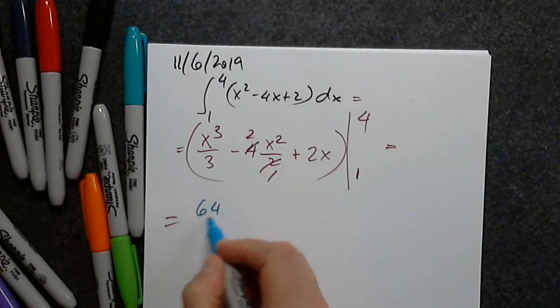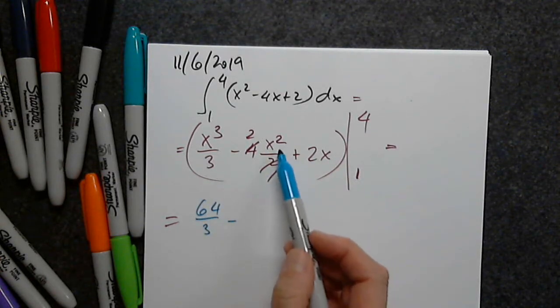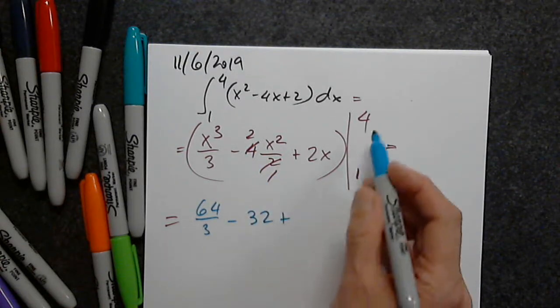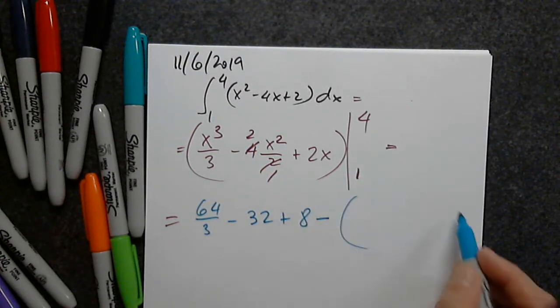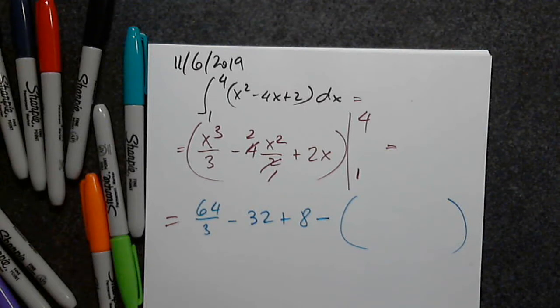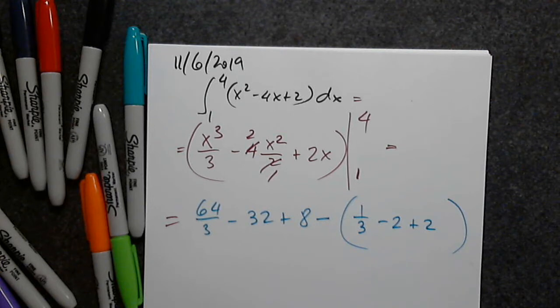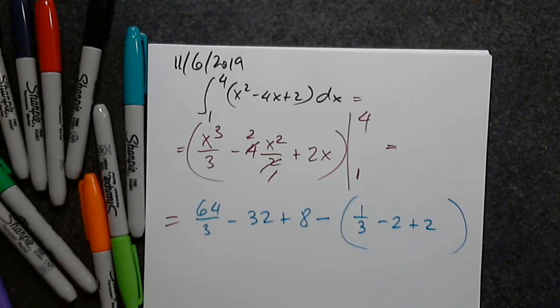So 64 over 3 minus 4 times 4 is 16, 16 times 2, 32, plus 8, minus. I plug in 1. 1/3 minus 2 plus 2. I have to perform these operations.